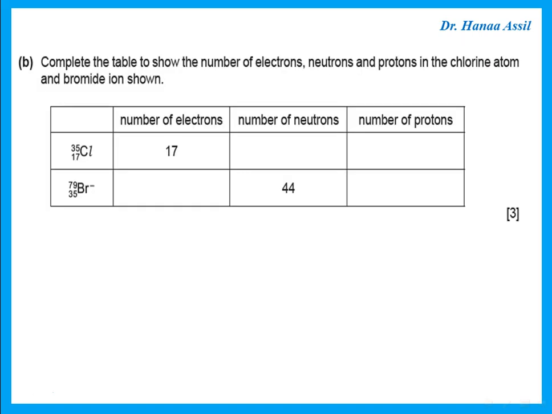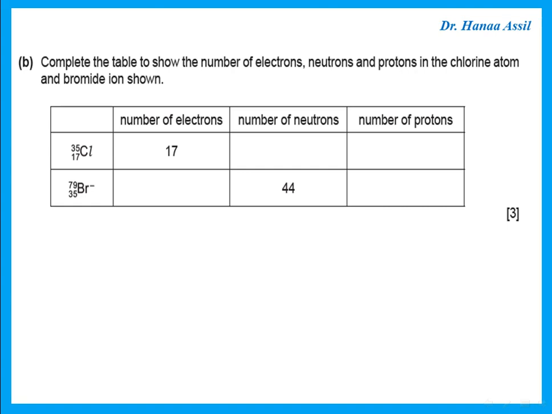The next part of the question says, complete the table to show the number of electrons, neutrons, and protons in the chlorine atom and in the bromide ion. How do we know the number of electrons? The number of electrons originally is the small number, or the atomic number. Chlorine has atomic number 17, so it has 17 electrons. Now what about Br minus?